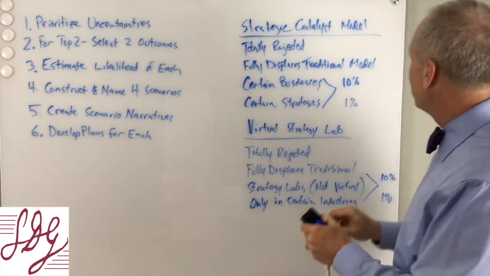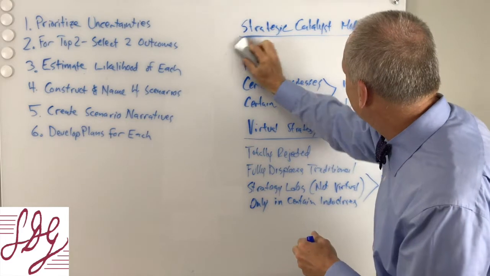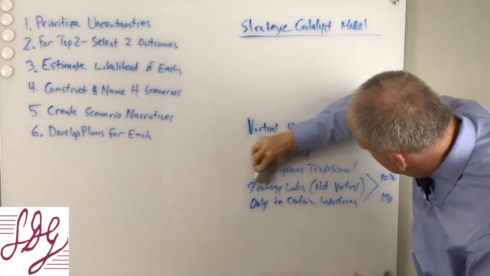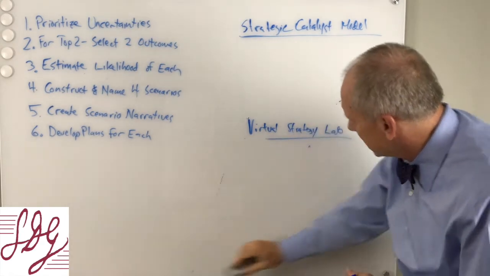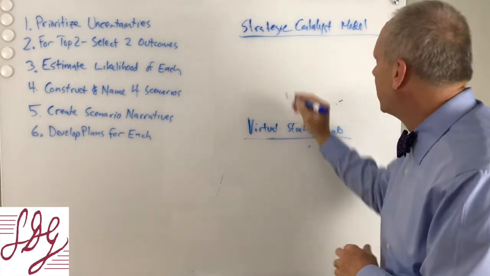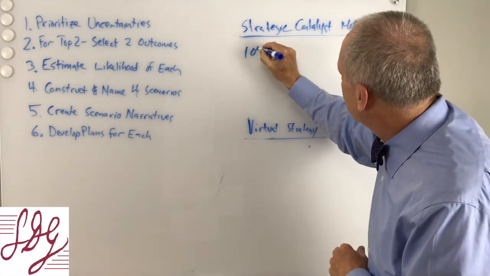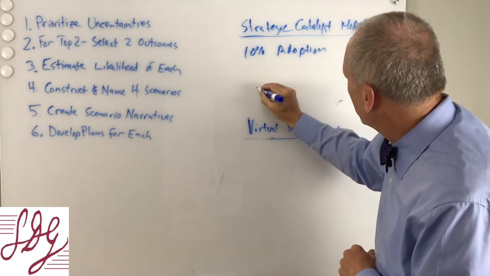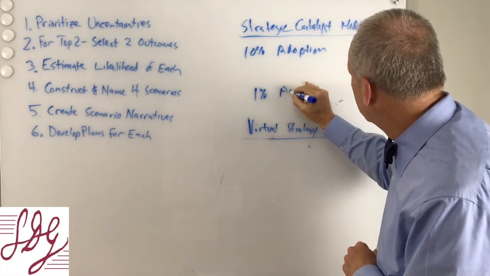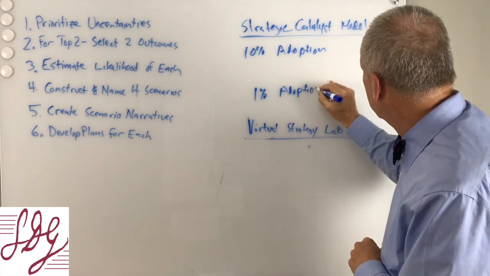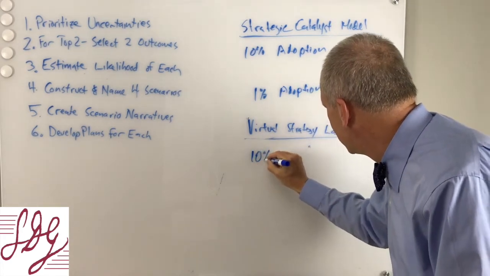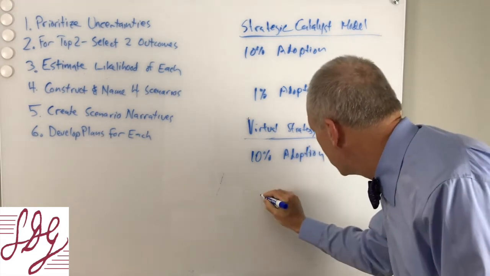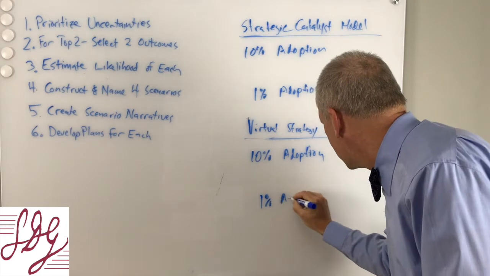So I'm going to simplify this down a little bit, get rid of all of these, and just put the two that we're working with up here: 10% adoption and 1% adoption.